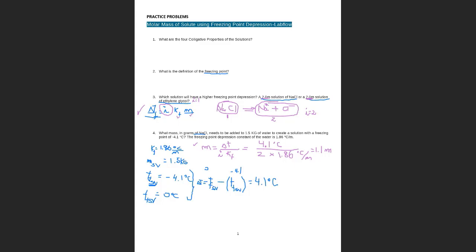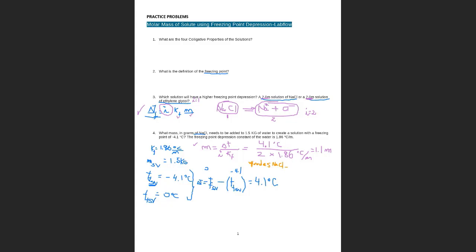Now, what do we need to do? With the molality, we can calculate the number of moles of sodium chloride.